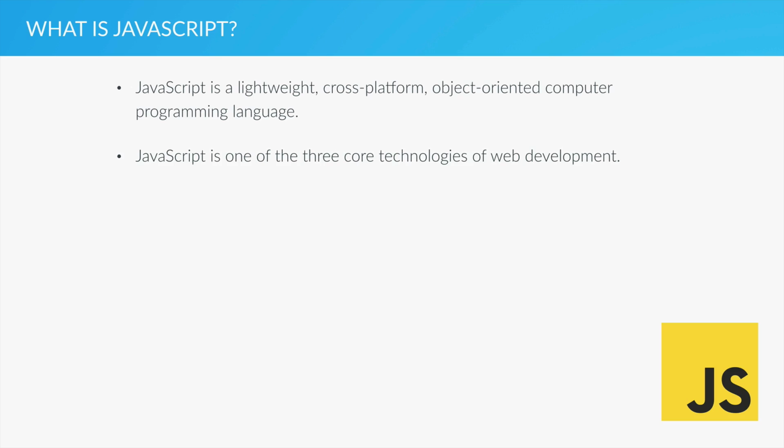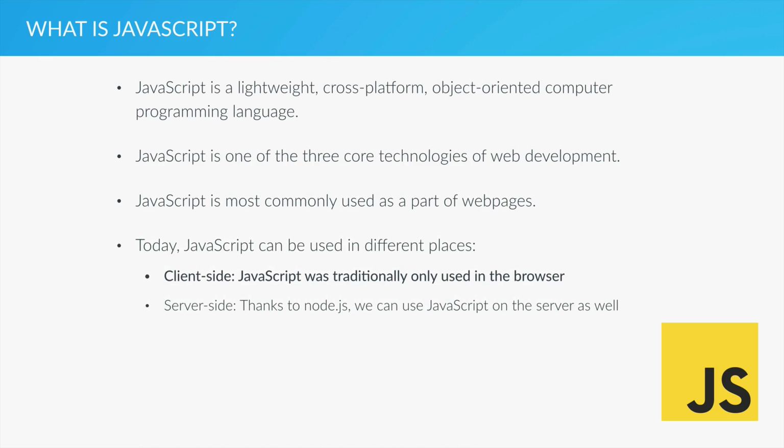Now, together with HTML and CSS, JavaScript is one of the three core technologies of web development. So this means that JavaScript is most commonly used as a part of web pages, but it's also used in environments that are not based on the web. But in this course, we will obviously focus only on the web.